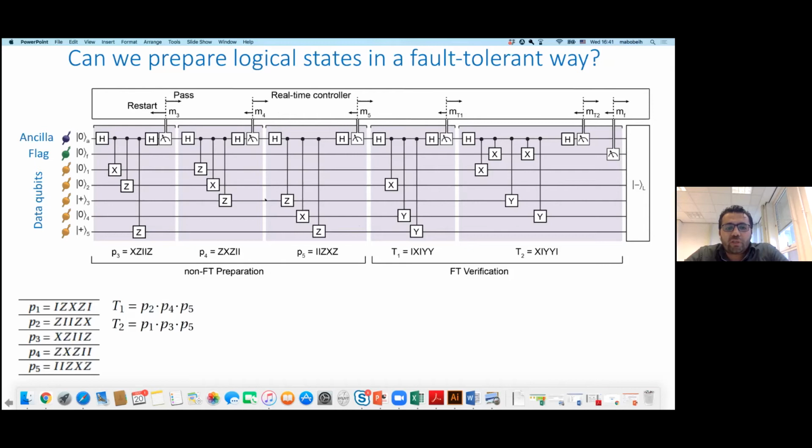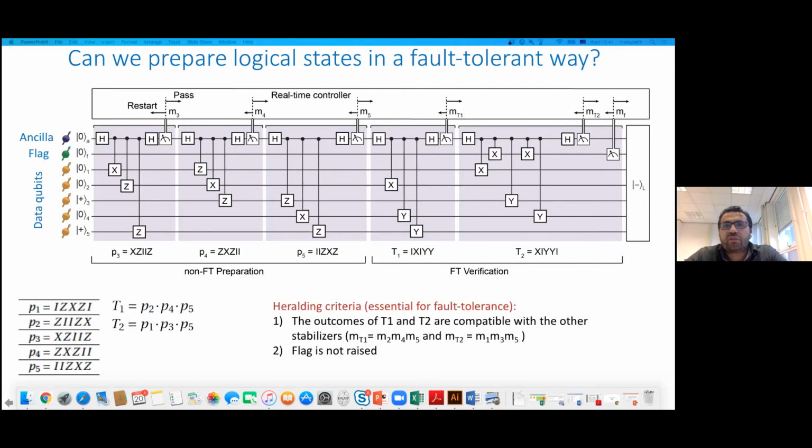Basically, some single faults in this part can propagate into two logical errors. So by adding this verification step, which consists of two carefully constructed stabilizer measurements and a flag ancillary check, we can herald successful fault-tolerant state preparation of the logical qubit. The heralding criteria are, first, the outcomes of these two stabilizers, T1 and T2, have to be compatible with the other stabilizers.